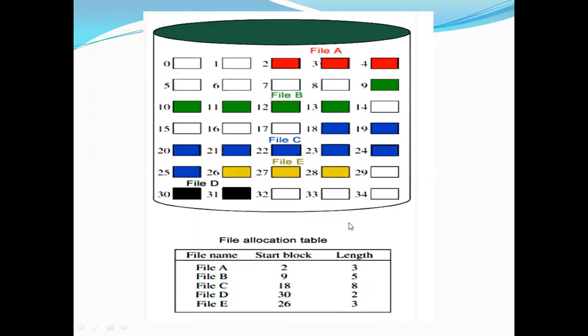For file A, the length is 3, which means 3 blocks are required: 2, 3 and 4.